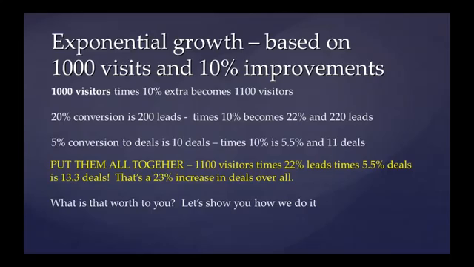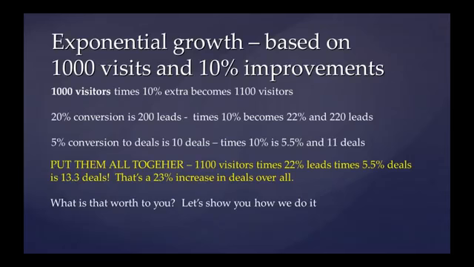Obviously we can't have 0.3 of a person, so it might be 13, it might be 14, but based on that figure, that's a 23% increase in deals overall, and all we've done is help you get a 10% increase. We can probably get you a better than 10% increase, so just imagine what that will do for the deals that you get. You can work out roughly what a deal is worth to you. You don't need us to show you that you can get a great return on investment with the Catapult system.